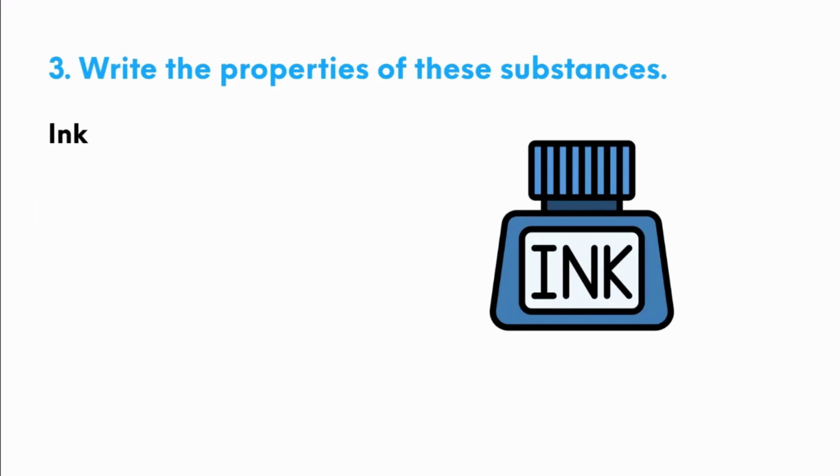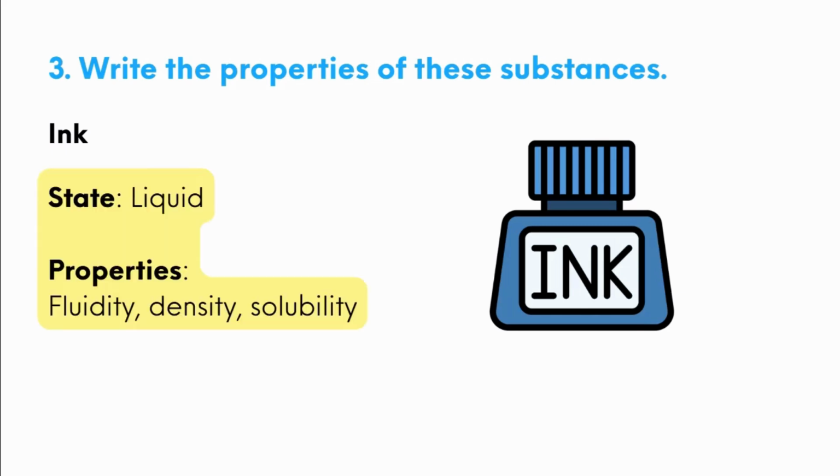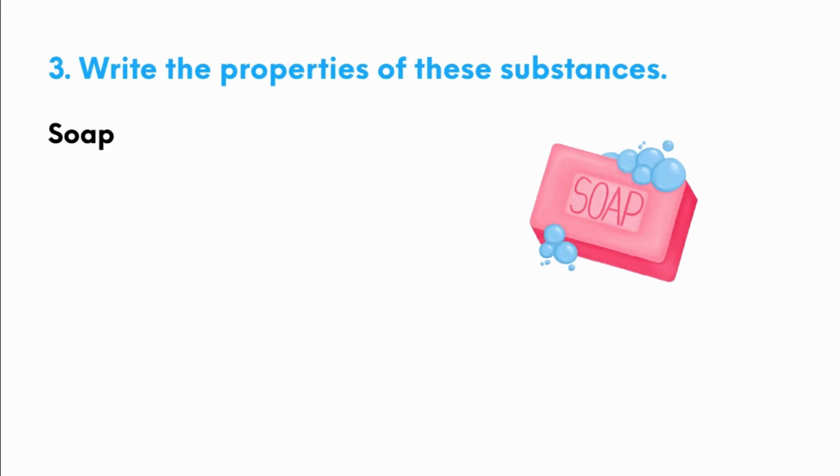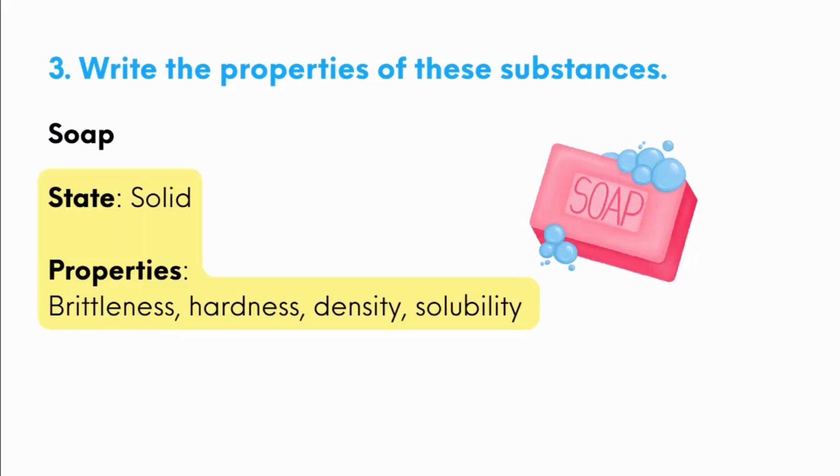Next substance is ink. Ink is liquid and it has the properties fluidity, density and solubility. Next substance is soap. Soap is also solid. Properties of soap are brittleness, hardness, density and solubility.